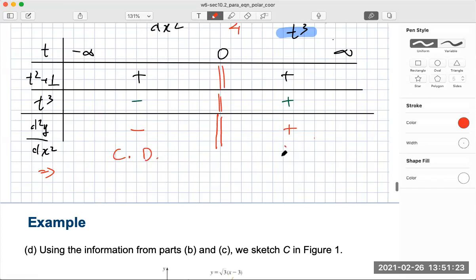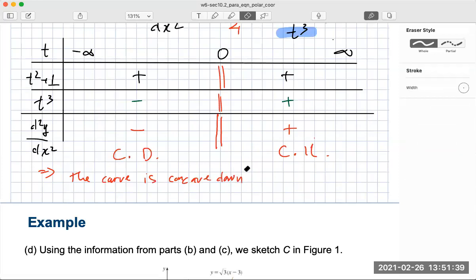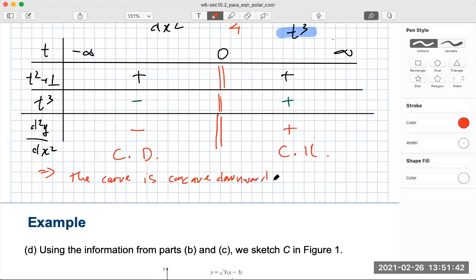And in this interval, it will be concave upward, yes. Okay, that's it for this question.